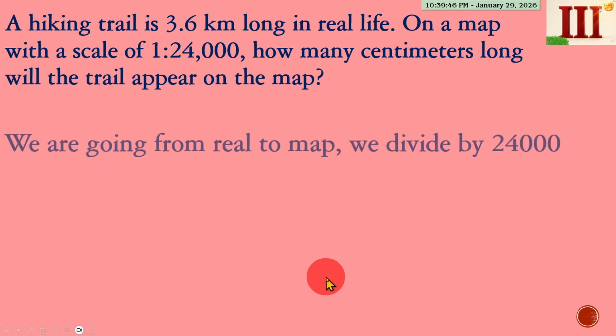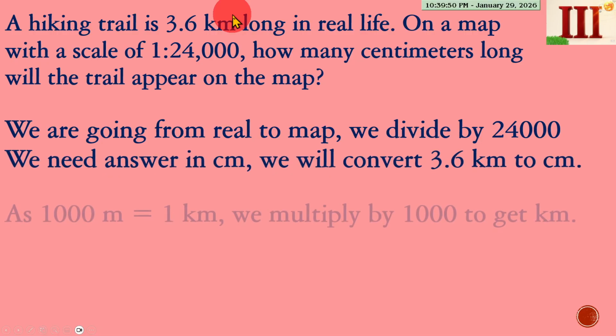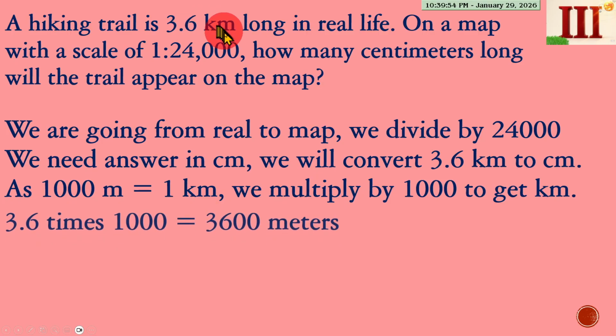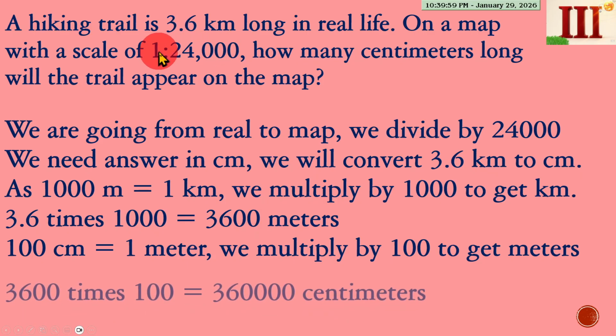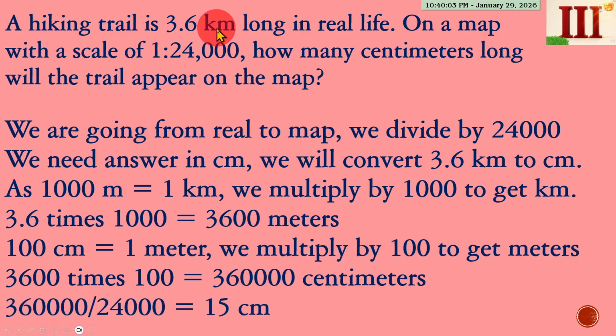The other way that they can give you the actual distance and ask you what is the distance on the map. So in this case, the 3.6 kilometers would be a larger number, so you need to divide by the value. This is in kilometers, but you probably need this in centimeters because when you start dividing, as you can see, if you try to take 3.6 divided by 24,000, it's going to give you a decimal number.